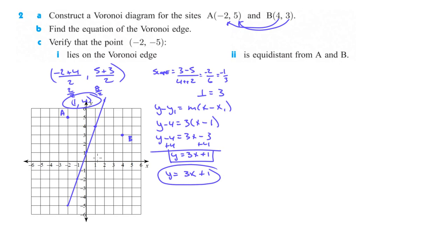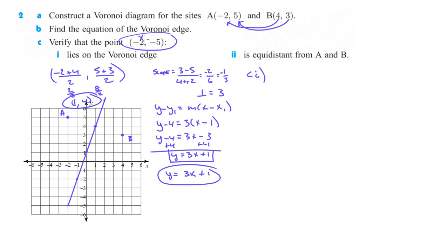Okay? Part C, verify that the point -2, -5 lies on the Voronoi edge. That means it would have to lie somewhere on this line here, right? So I'm going to go over here for C, part 1.